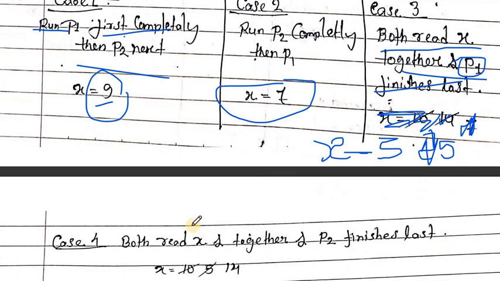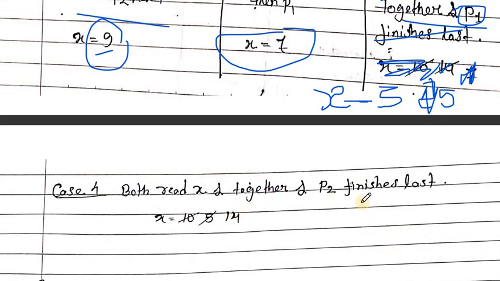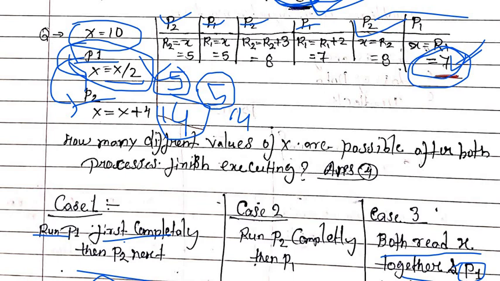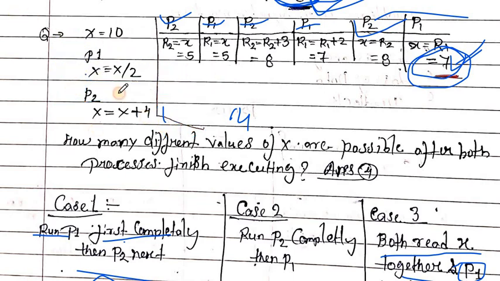Okay, now in case 4, both read x together and P2 finishes last. That means when P1 and P2 read the value of x together, for P1 x becomes 5, and for P2, after execution, the value of x becomes 14. But P1's execution completes first, so the value of x is overridden by P1, so the value of x becomes 5 now.